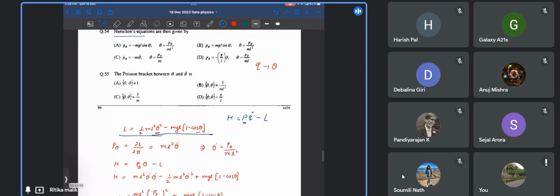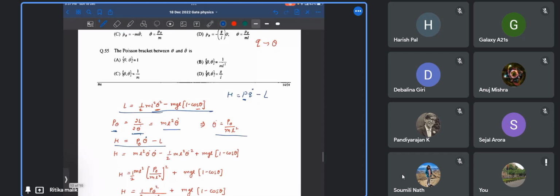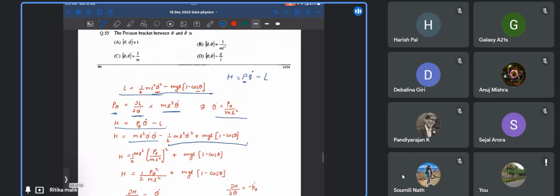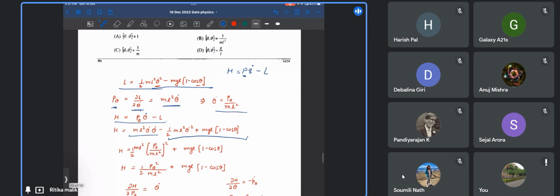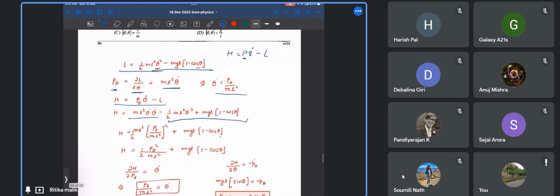So you differentiate del L by del theta dot, which will give you P, and you write your theta dot in terms of P. So put this value here, where P is replaced by ml square theta dot, and your Lagrangian as it is. You replace all theta dot by P, since your Hamiltonian has to be in terms of P and theta. You just solve it, and then it will become your Hamiltonian.